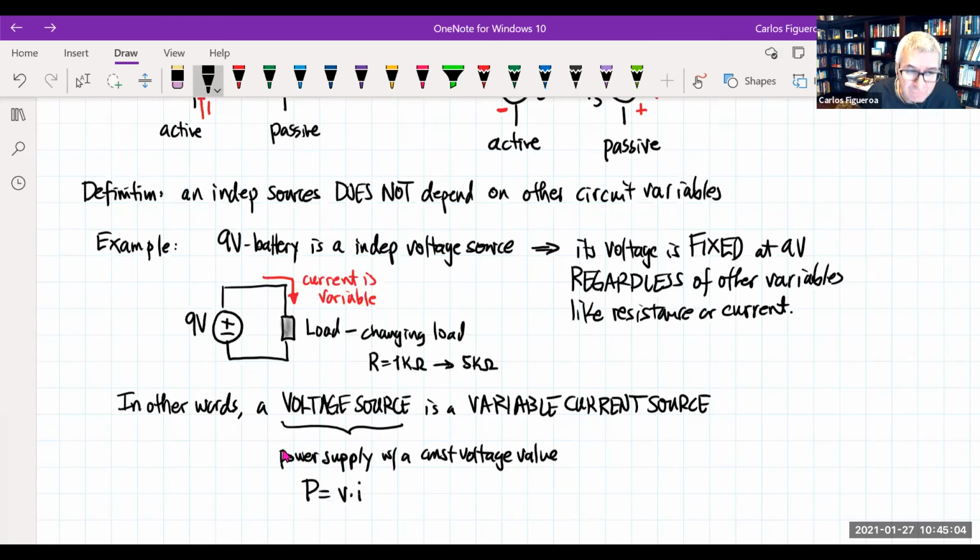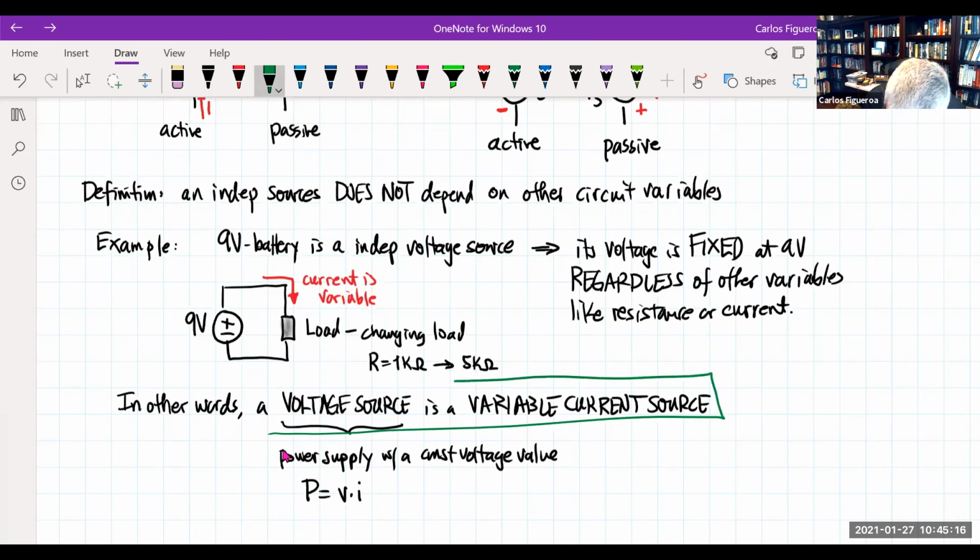So even though we say voltage source, you got to remember it's a power supply. It produces both of these things. So a good definition of a voltage source is exactly this: a voltage source is a variable current source. It's both. It keeps the voltage constant, but the current varies in the circuit depending on the load.